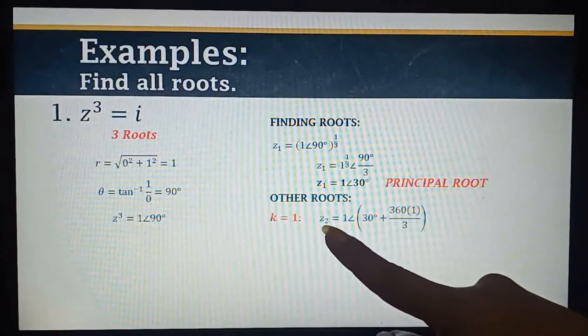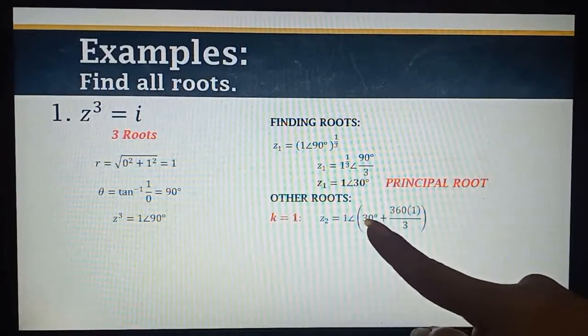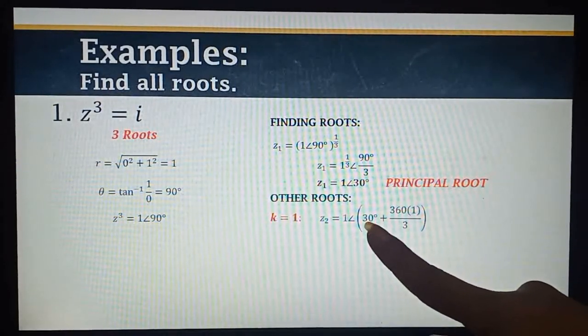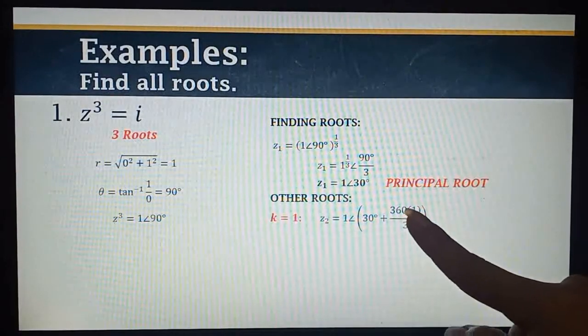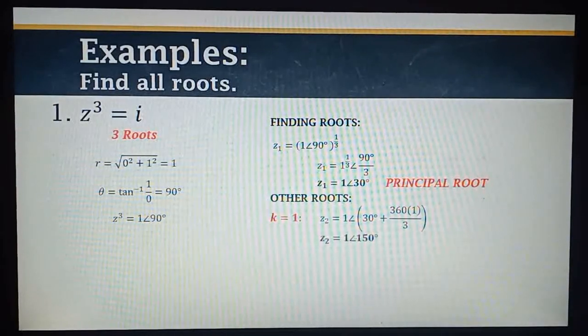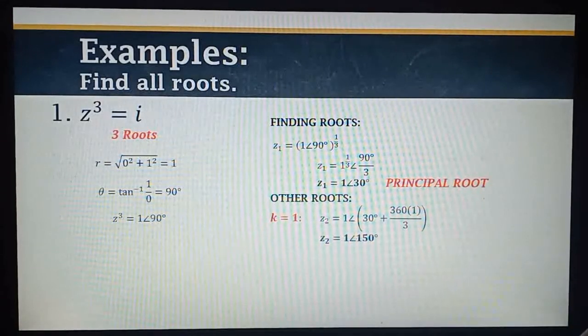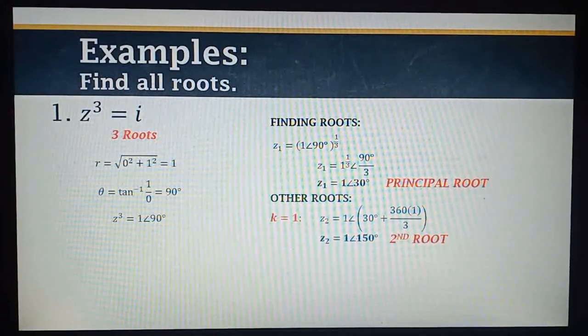So, that's the second root, which is 1 at angle the given theta or the solved theta, which is 30 degrees, plus 360 times k, which is 1, over n, which is 3. So, that will be z2, 1 at angle 150 degrees, and that is our second root.